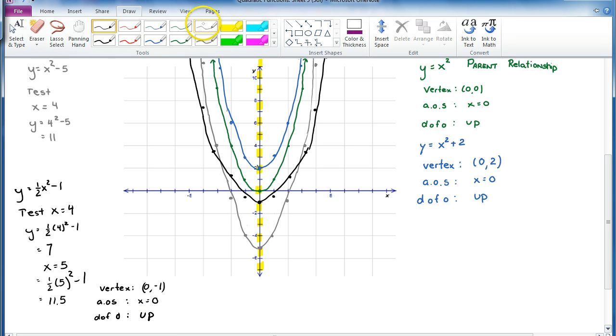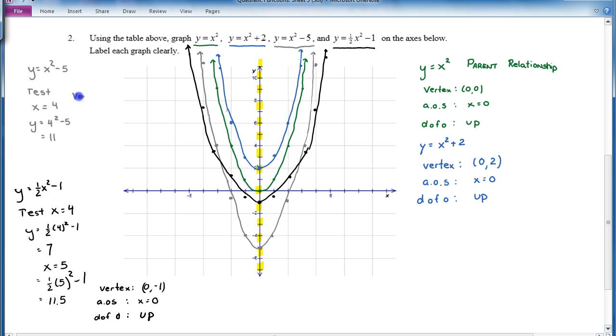Let's do the gray graph as well. The vertex is going to be 0, -5. The axis of symmetry is going to be x equals 0, and the direction of opening is going to be up. And there we go.